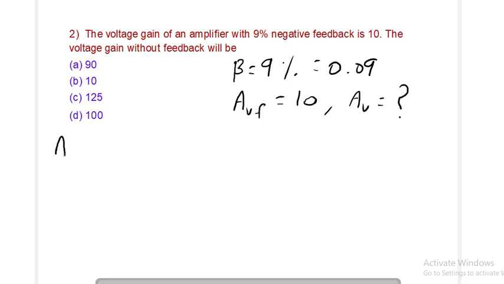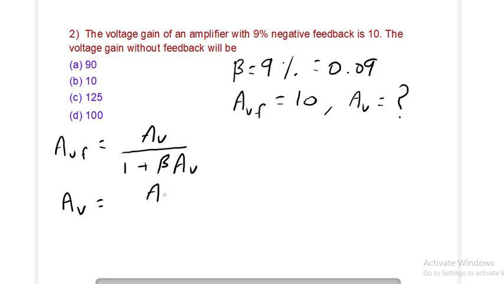We know the formula: gain with feedback is equal to AV, gain without feedback, upon 1 plus beta AV. But we are interested in finding AV, so we can convert this formula such that we get AV.